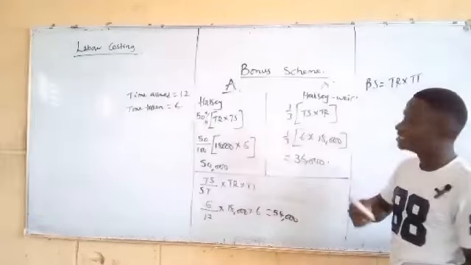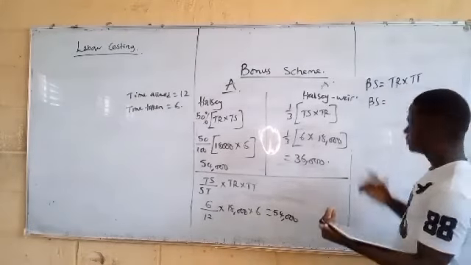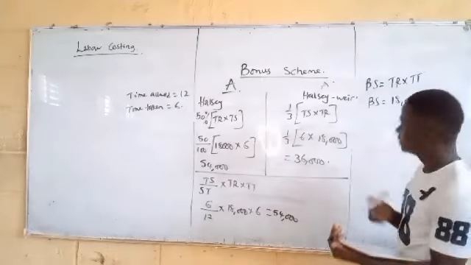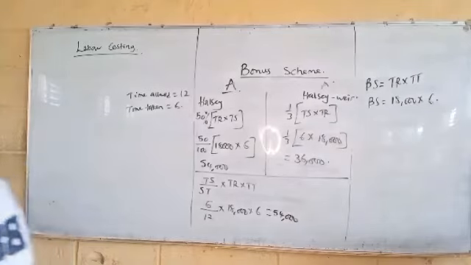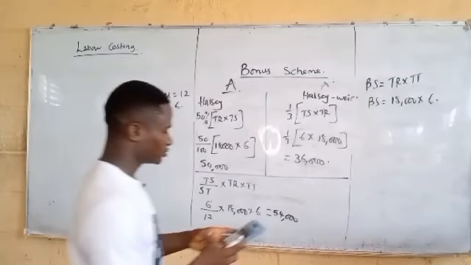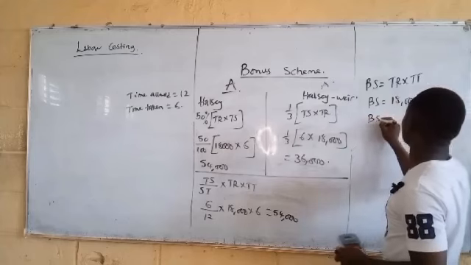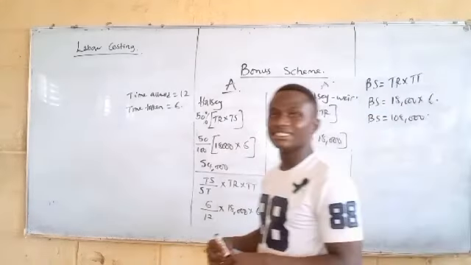So what is the time rate? 18,000 times what is the time taken by A? 6. So 18,000 times 6, if you punch your calculator, you have 108,000. So A's basic salary is 108,000.